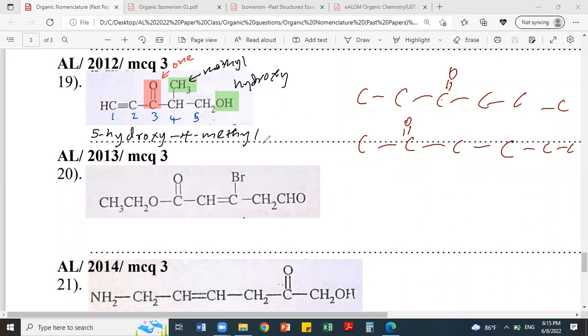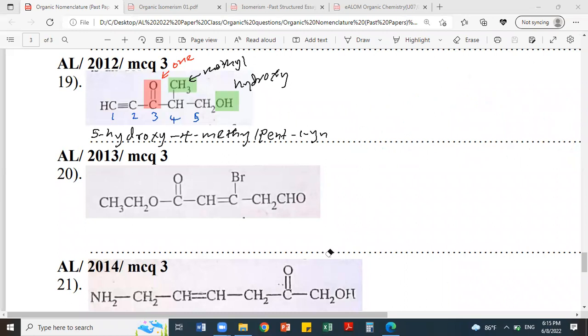Therefore, you write methyl, pent means 5 carbon, 1-yne. Why 1-yne? At the beginning of the first carbon, the triple bond is there. That's why 1-yne. And again, you have to write 3-one. Why 3-one? At the beginning of the third carbon, the functional group, that is, alcohol, maybe ketone. Pent-1-yn-3-one.